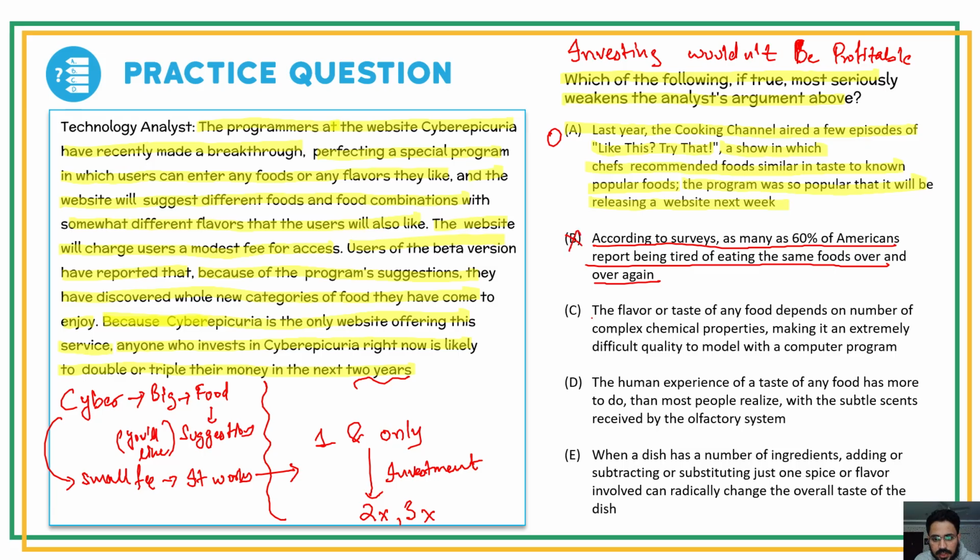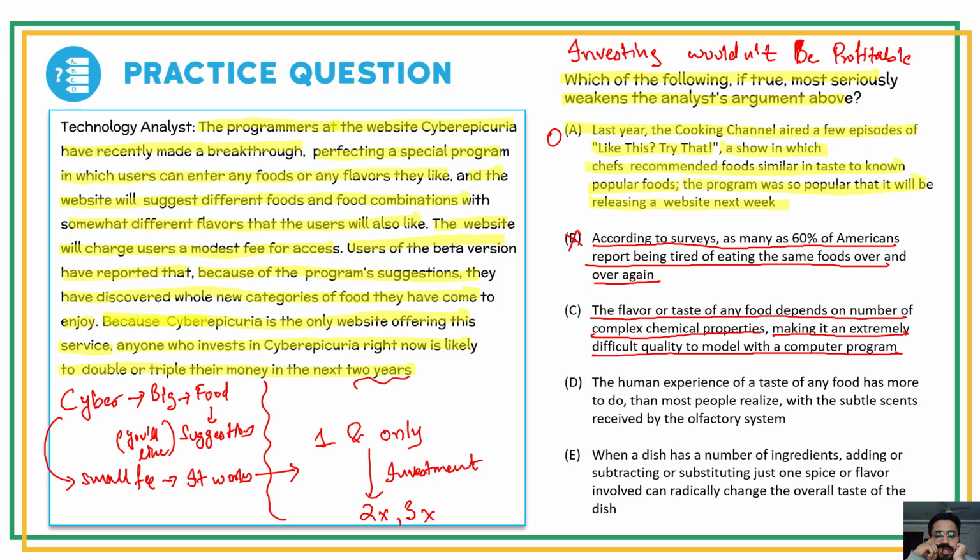Okay, option C: the flavor or taste of any food depends on a number of complex chemical properties, making it an extremely difficult quality to model with a computer program. I'm thinking maybe I can play the courtroom here.